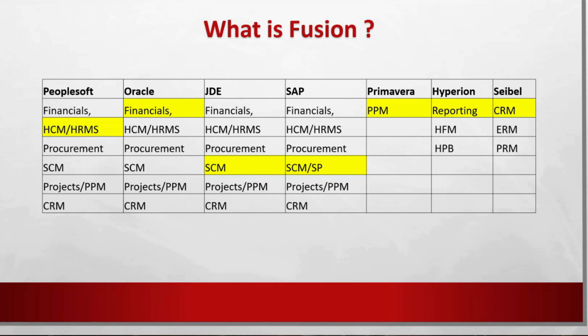Now, when there are so many products, suppose you are a company and you have a client who is looking for solutions in all these areas. They want an ERP which has solutions for supply chain management, human capital management, customer relationship management, and financial management.